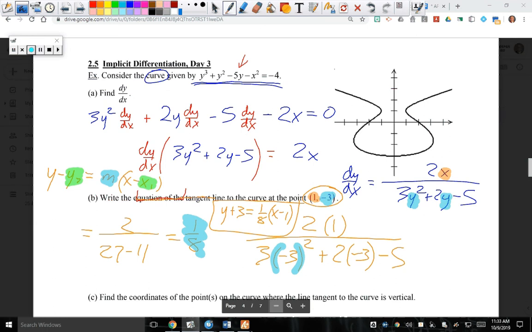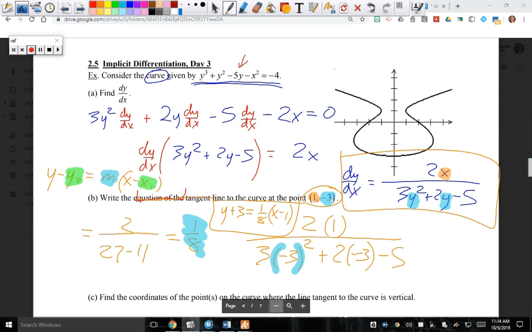We have enough time to finish this off. Find the coordinates of the points on the curve where the line tangent to the curve is vertical. So on the original derivative, I want to know when it's vertical. What does that mean? When the denominator is 0, because that makes it undefined.